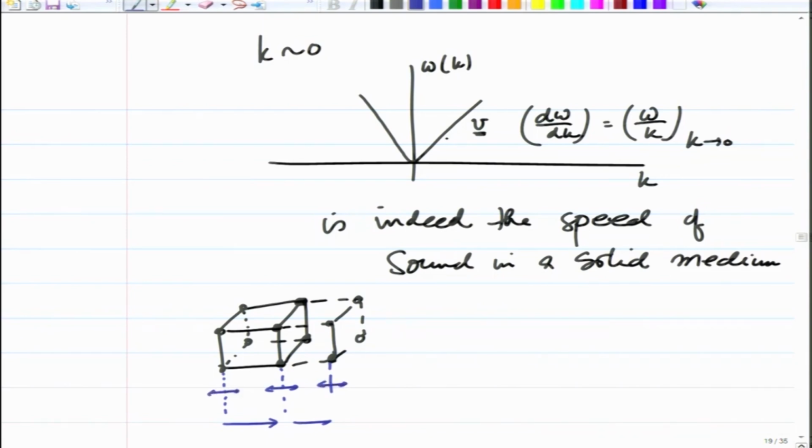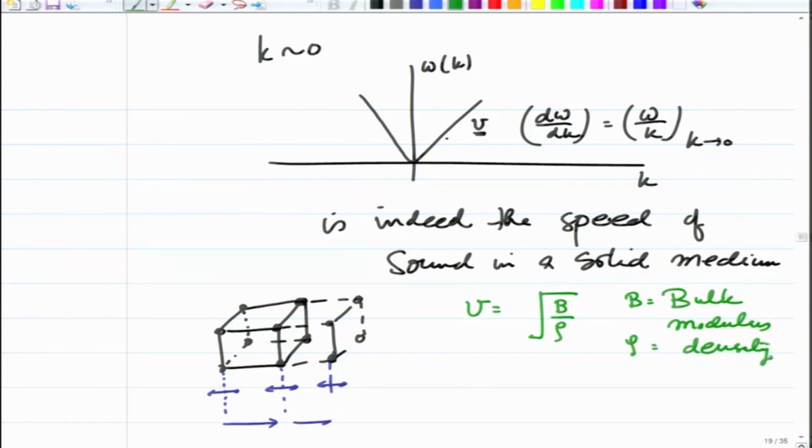Conventionally, what you have learned in your previous classes, the speed of sound is given by square root of B over rho, where B is the bulk modulus and rho is the density. Let us calculate this in this cubic case. If I do that, rho would be equal to mass divided by the volume.